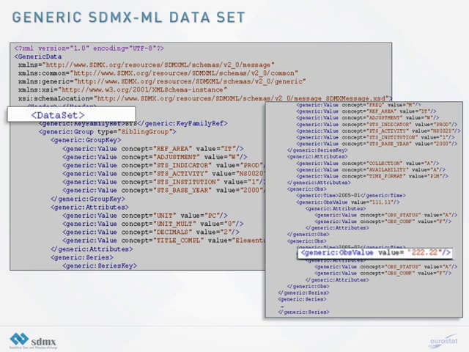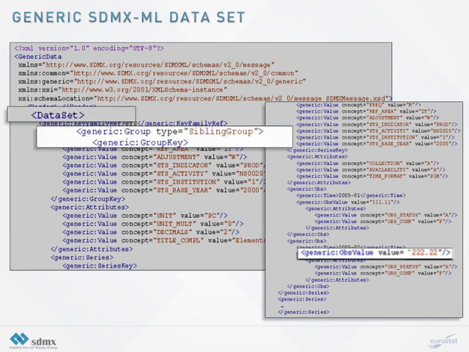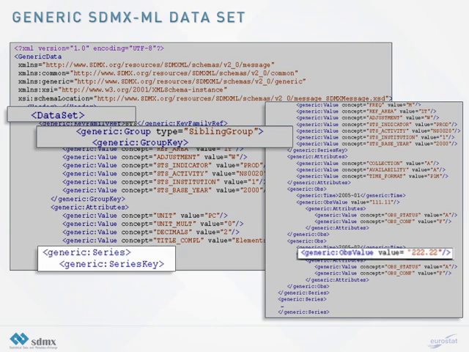Dataset, which is the container of the dataset information. Group: one group element is defined for each SDMX group key. It includes all SDMX attributes attached to a particular group. Series: one series element per key is defined and includes the SDMX attributes attached at the series level.